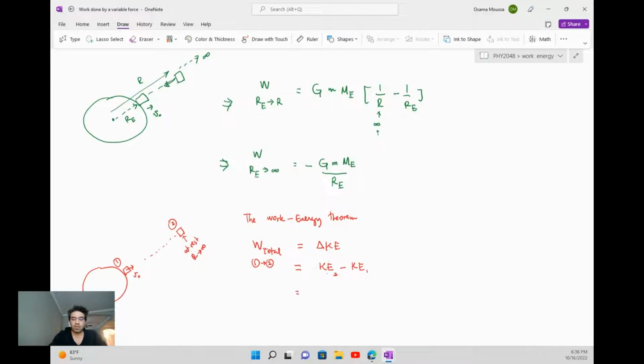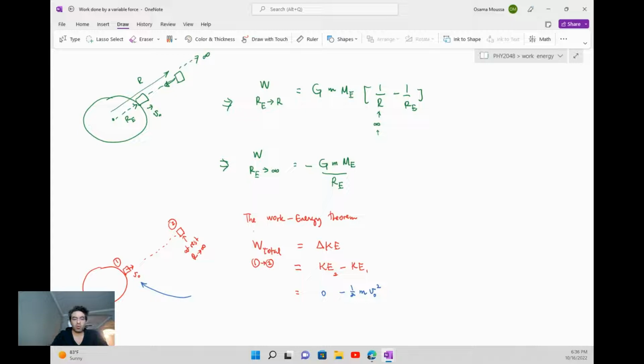Now the kinetic energy at situation 2, we've decided that we want that to be 0. I don't care that it's moving. The kinetic energy at situation 1, that's how much energy I gave it at the beginning, v naught. So it's half times the mass of the rocket times v naught squared.